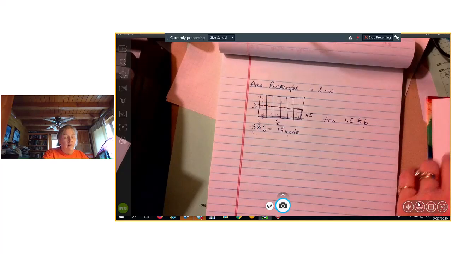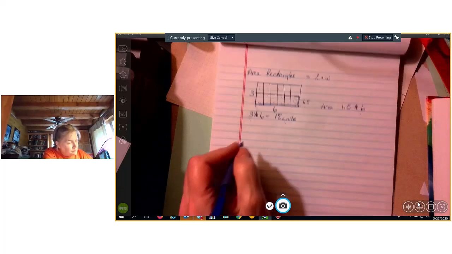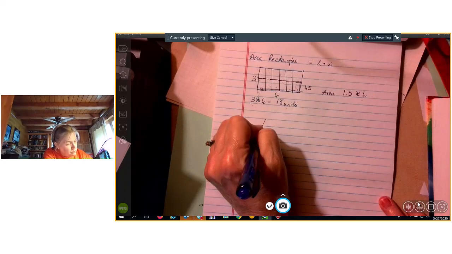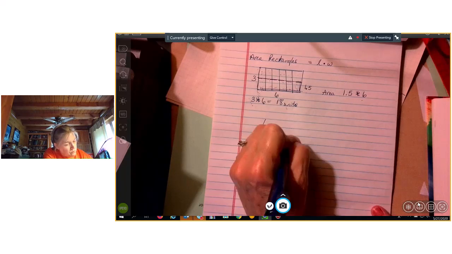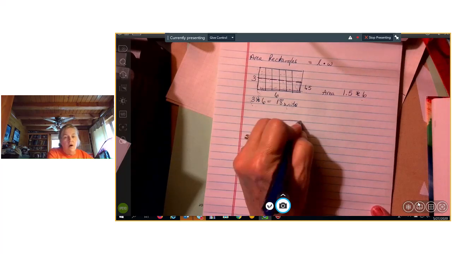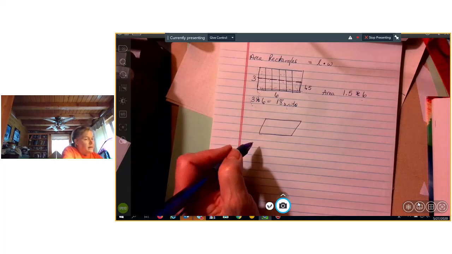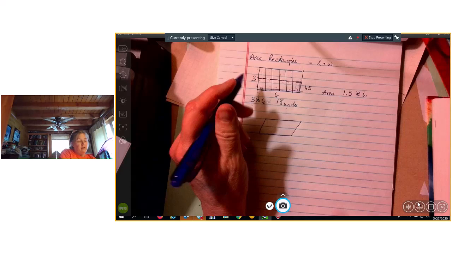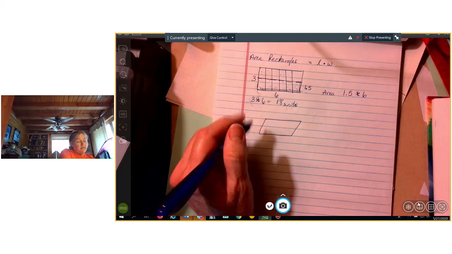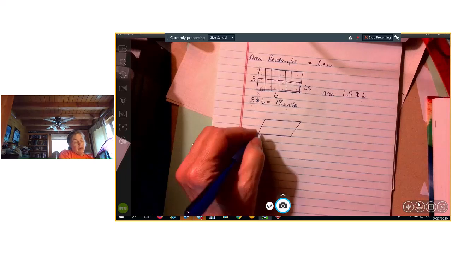Now, on a parallelogram, which is drawn like this, it looks like a rectangle that just kind of did a stop too fast, and so it was going along and whoop, it kind of did back.